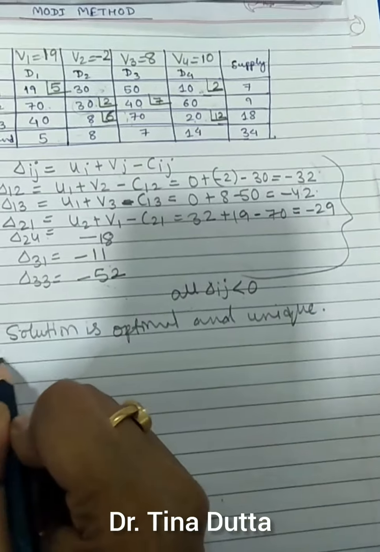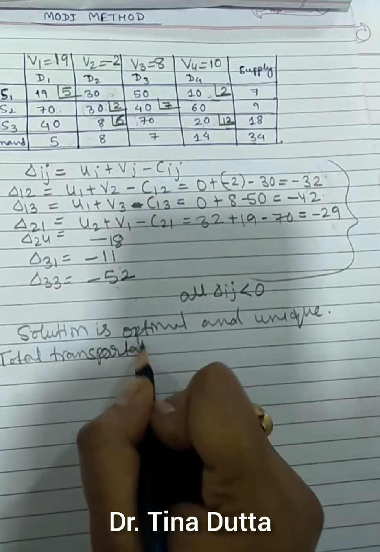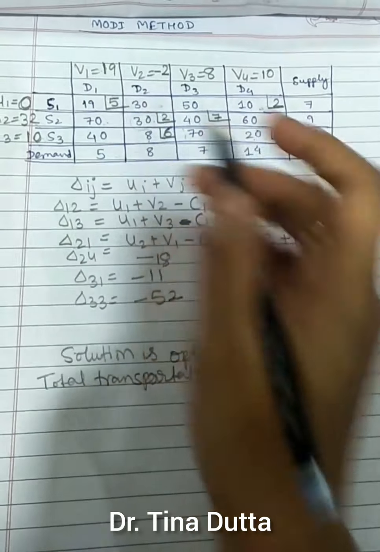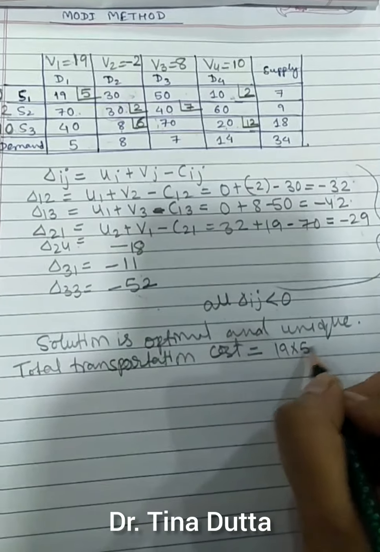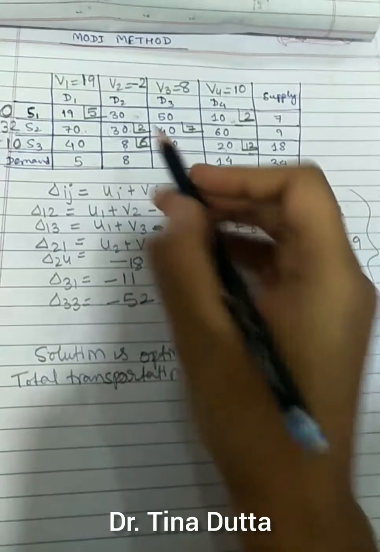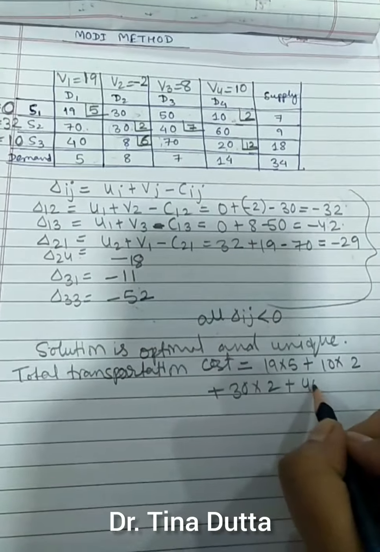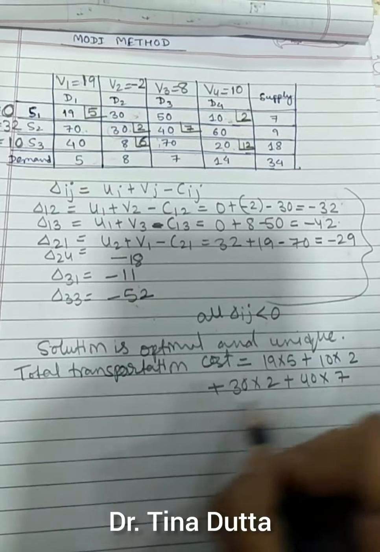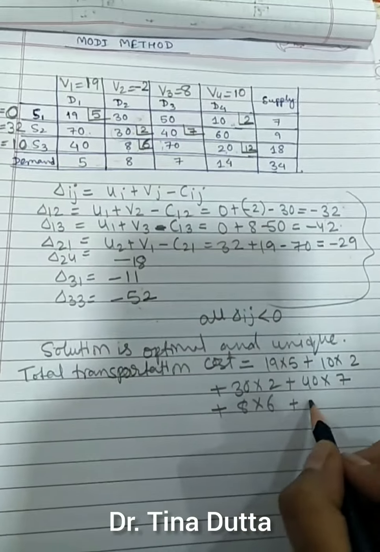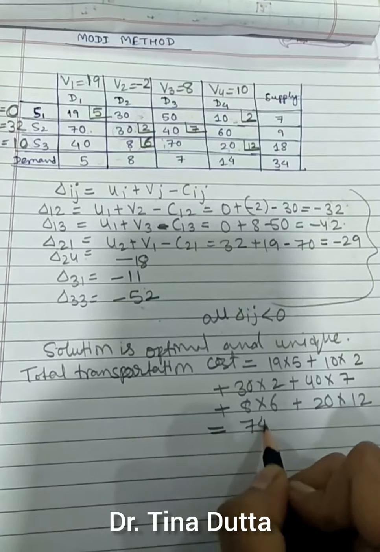And the total transportation cost, if we calculate, will be 19 into 5 plus 10 into 2 plus 30 into 2 plus 40 into 7 plus 8 into 6 plus 20 into 12. If you calculate, this is coming to rupees 743.